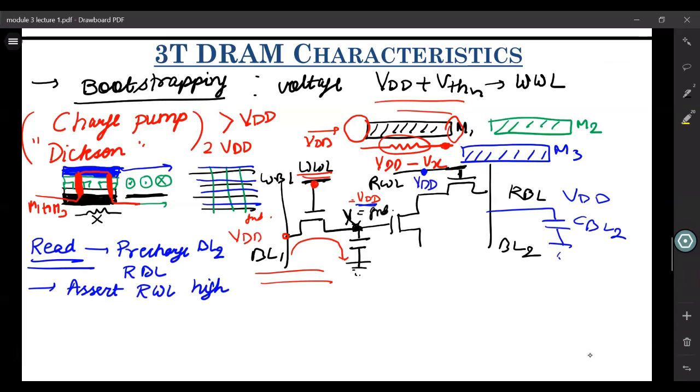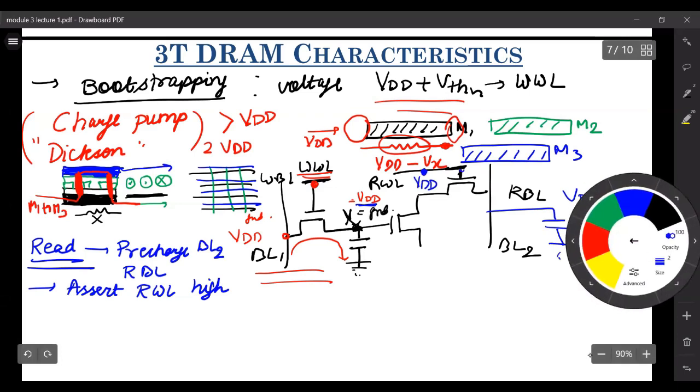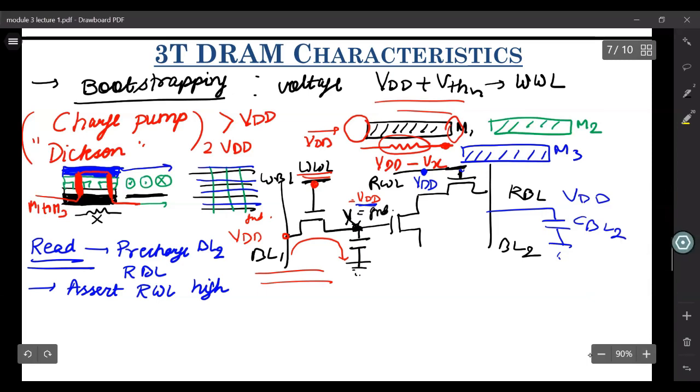So then if we turn this on, you have this transistor which is on now. And depending upon whether this node X is at VDD or ground, this transistor will turn on or off. So here, since we stored a VDD on this node X, this transistor will be turned on.